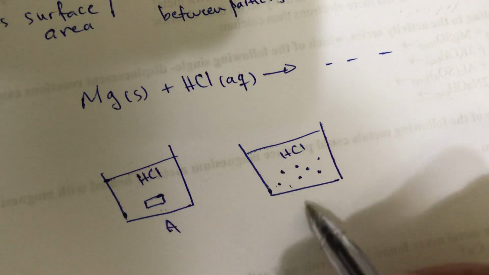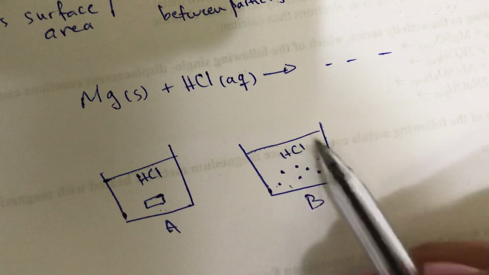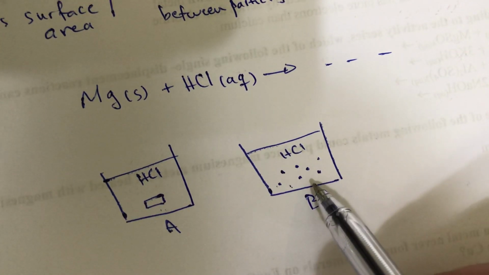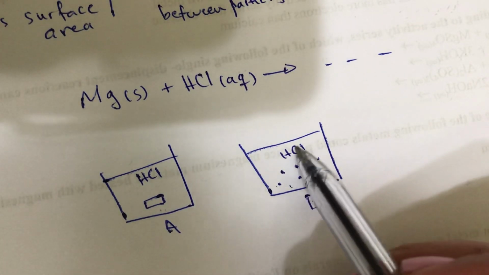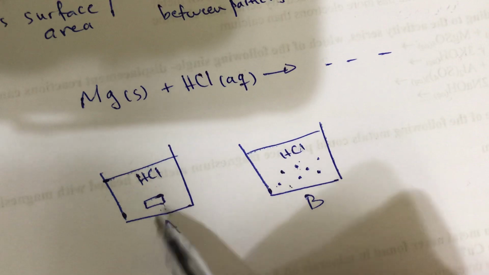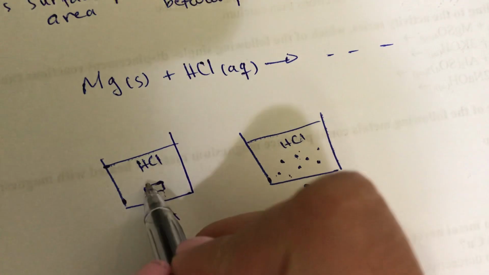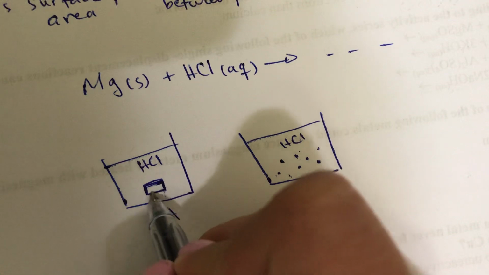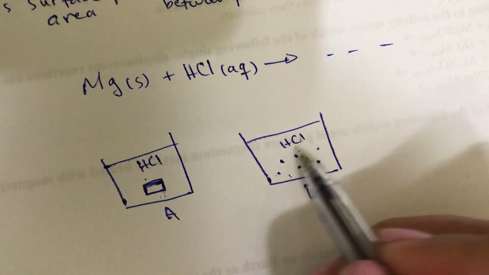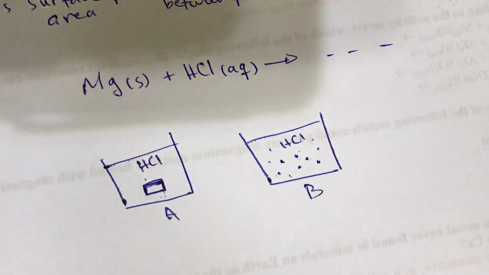So in case B, particles are surrounded with hydrochloric acid, so collisions between magnesium and hydrochloric acid occur faster than in case A, because here just the surface particles are in contact with hydrochloric acid, but here almost all particles are in contact with hydrochloric acid.